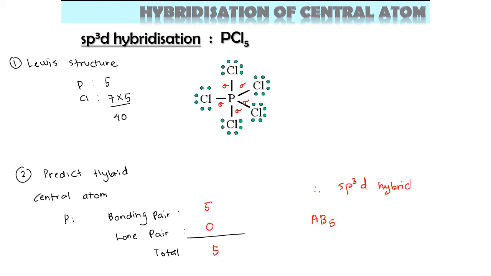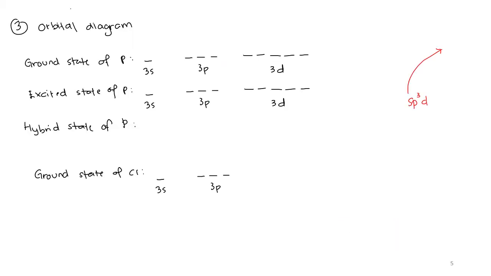Therefore your hybrid sp3d will adopt the shape of trigonal bipyramidal. So when you draw in step 4 later, you will use this as your guideline to draw. Next.